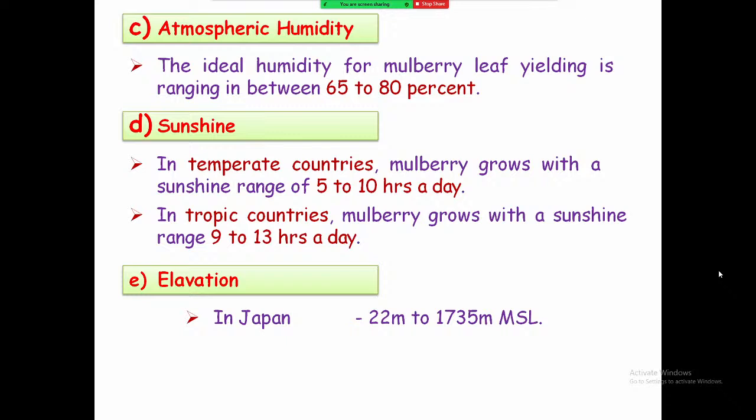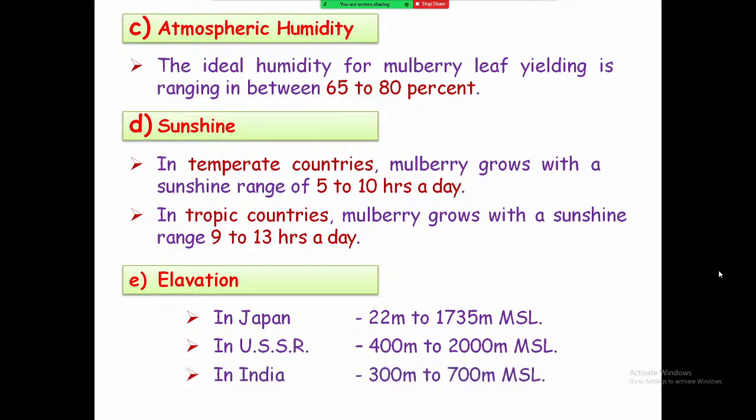Then in USSR, means Soviet Russia, it is grown at heights ranging from 400 to 2000 meter from the mean sea level, and in India it is grown from 300 meter to 700 meter height from the mean sea level. MSL means mean sea level. Okay, so this is the elevation.